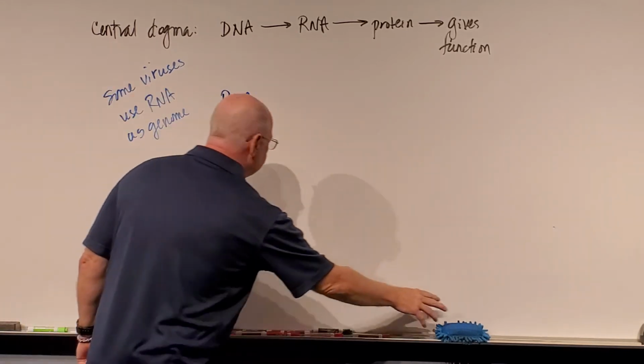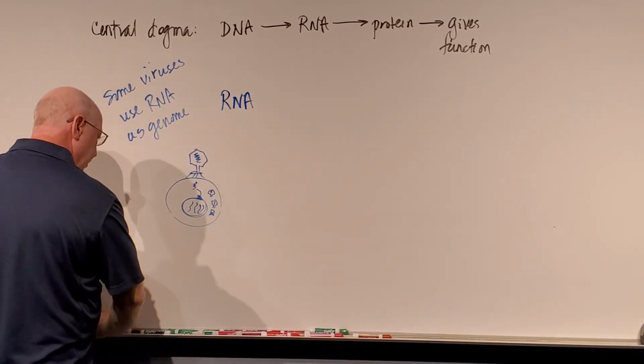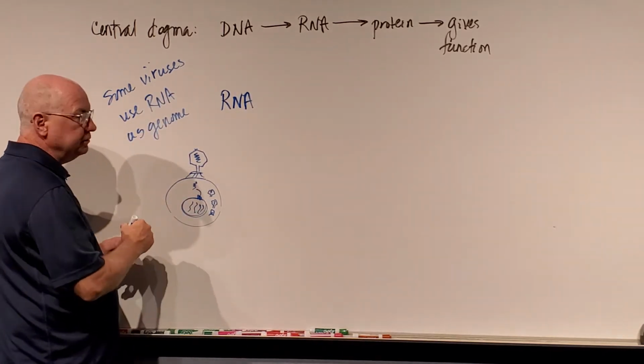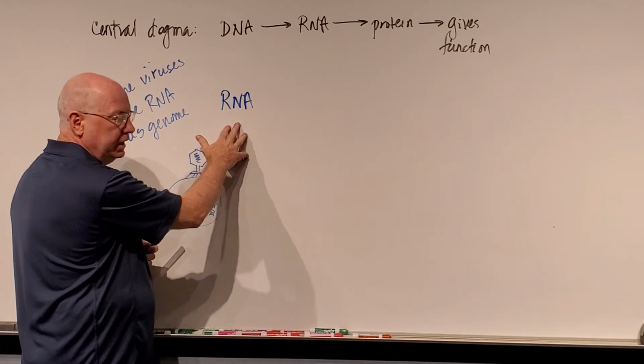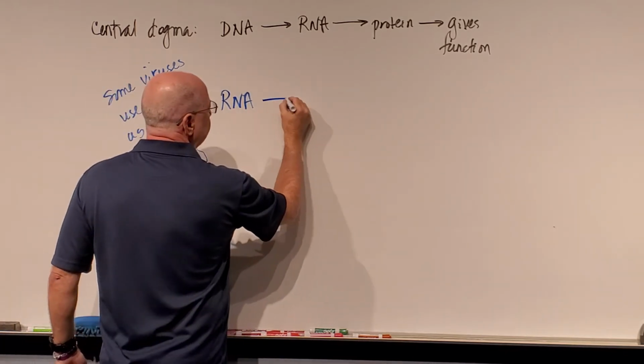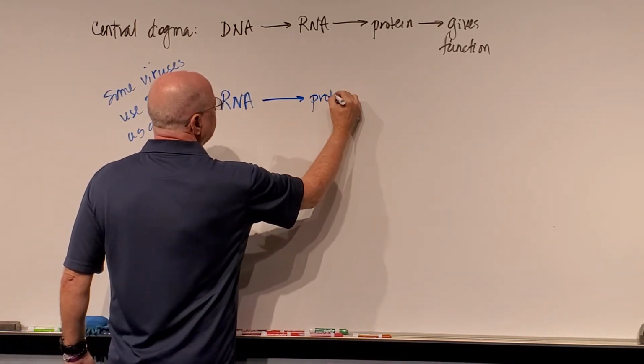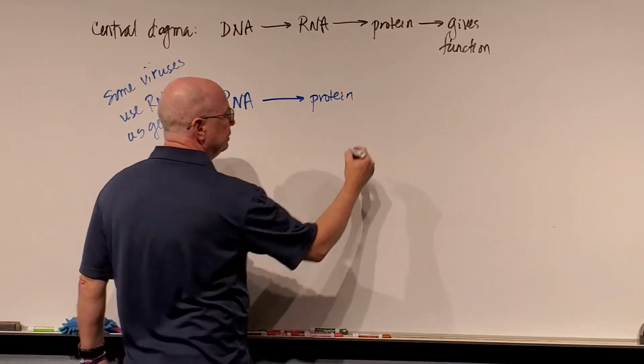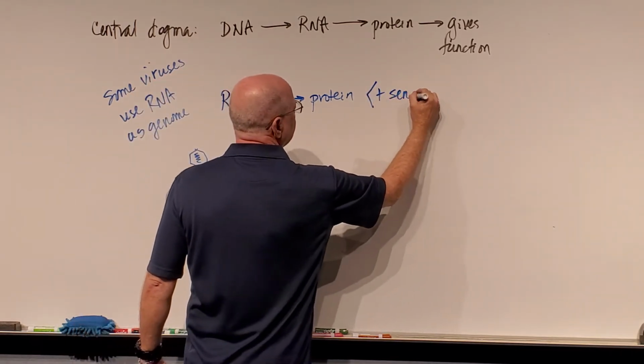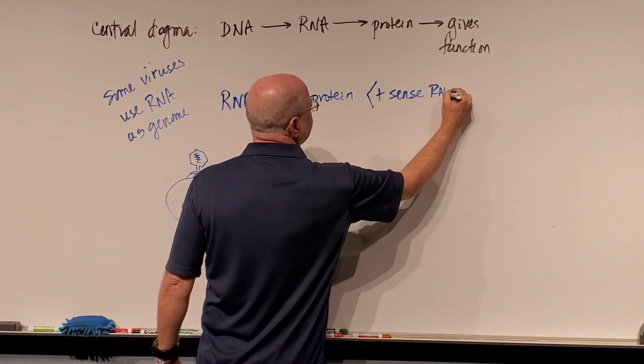And some viruses use RNA as their genome. When they insert, they can simply send their RNA, which would be like an mRNA, to the ribosome and get a protein. And very often these are called positive sense RNA viruses.